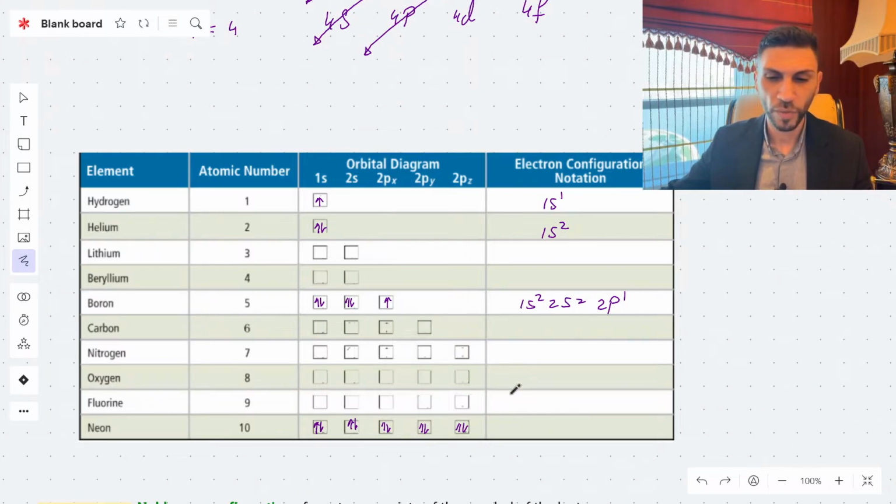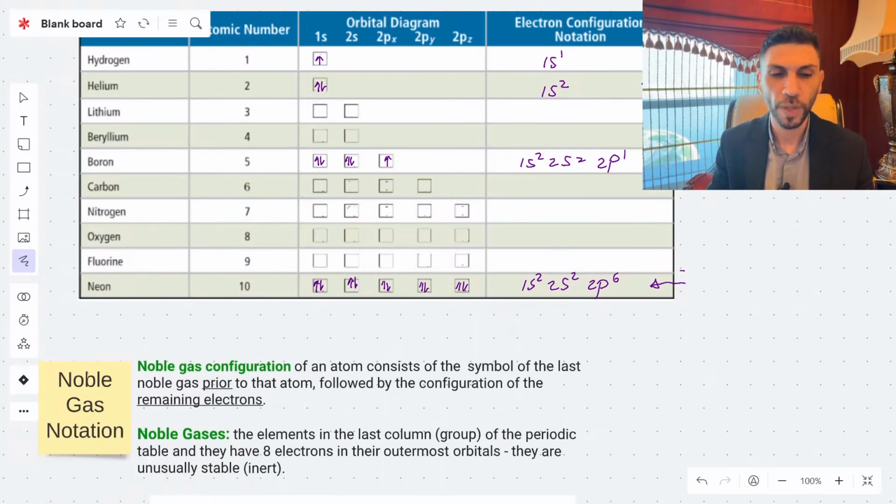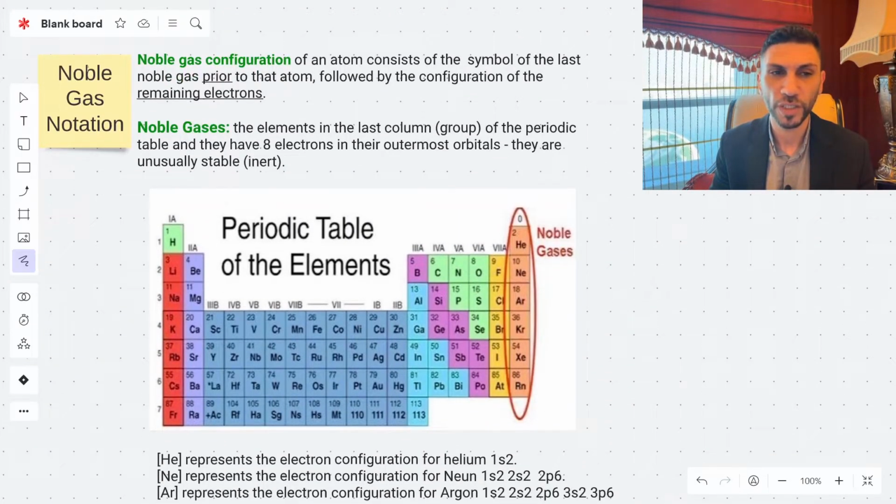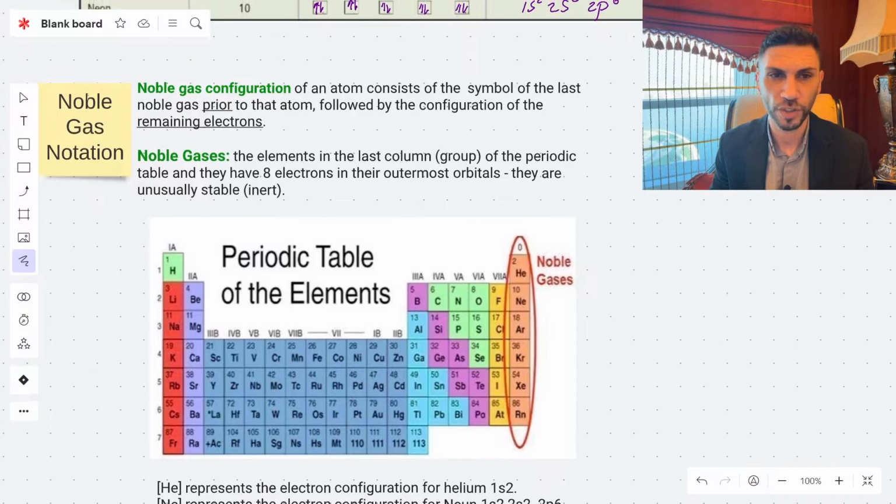And the electron configuration for neon is 1s2, 2s2, 2p6, and that's it. 2 electrons in 1s, 2 electrons in 2s, and 6 electrons in 2p. Now, look at this. Helium is one of the noble gases. Neon is also one of the noble gases.